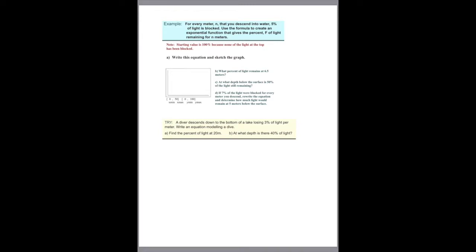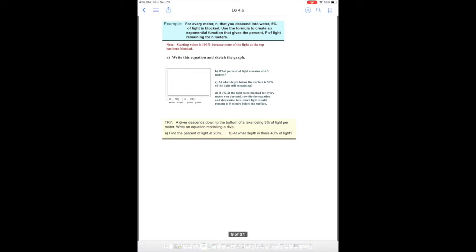Now let's look at another example here where we have to build an equation. So here, for every meter you descend into the water, 5% of the light is blocked. You use a formula to create an exponential function.